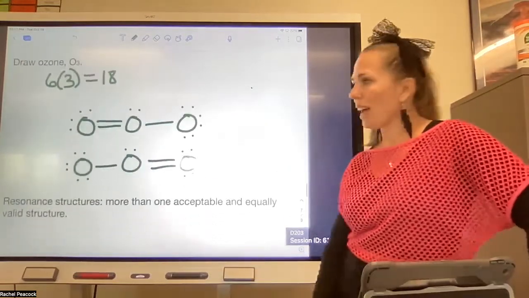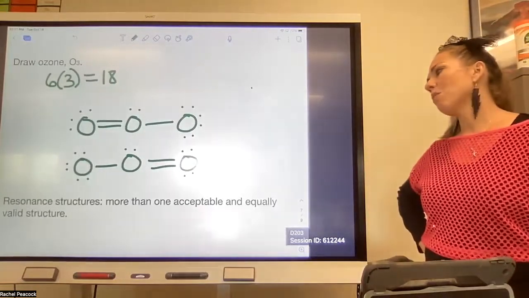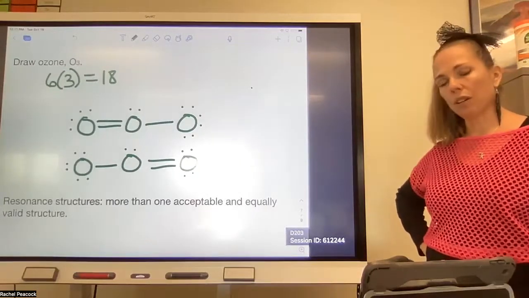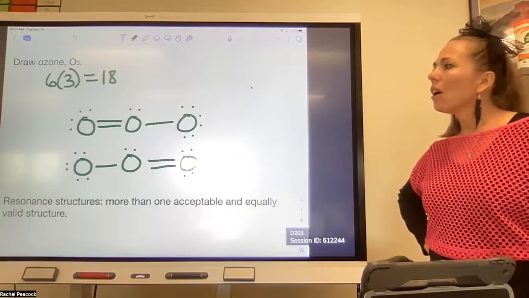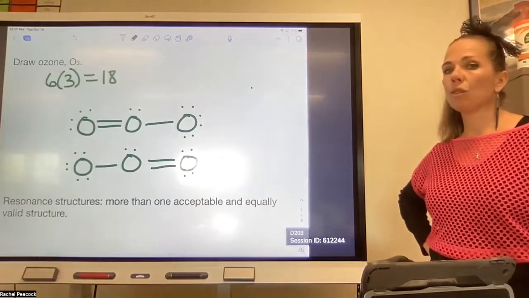They're called resonance structures. So resonance structures are when you have more than one acceptable and equally valid structure. Okay. And really, ozone exists as like a combination of these 2 structures.